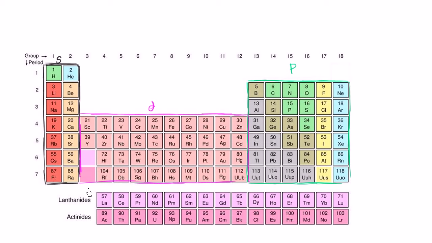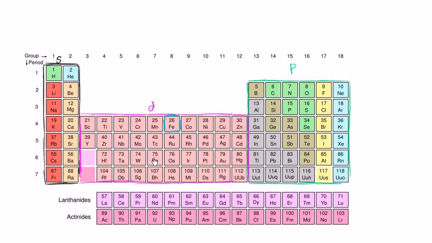Now, why is this helpful? Well, if something is in the d block, we could say that, in general, with some special cases, its highest energy electron is going to be sitting in a d subshell. So for example, if we were to focus on iron, its highest energy electron is going to be in a d subshell.